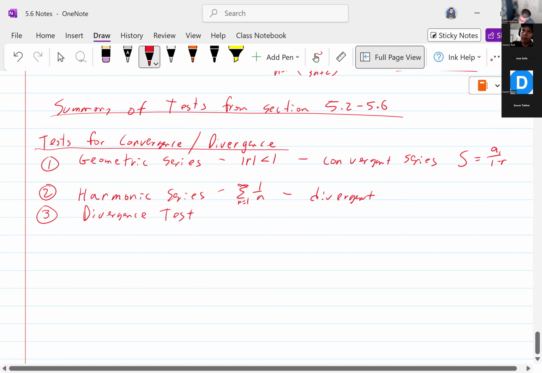Okay, number 5. What do we got? Integral test.